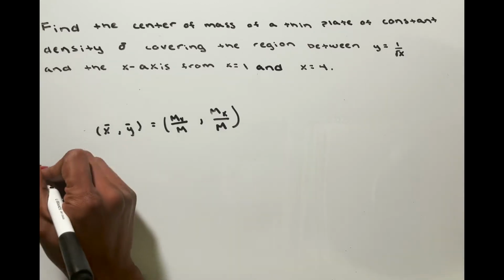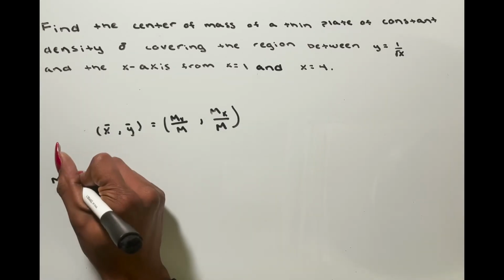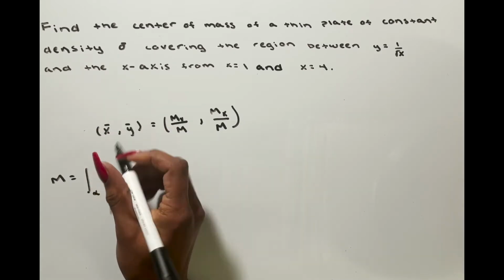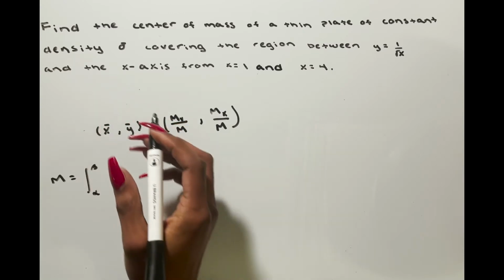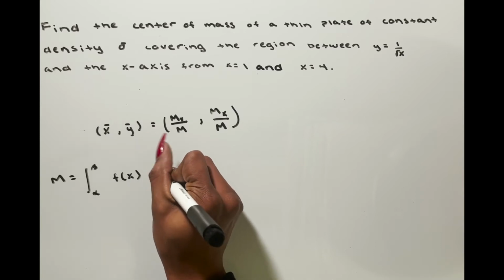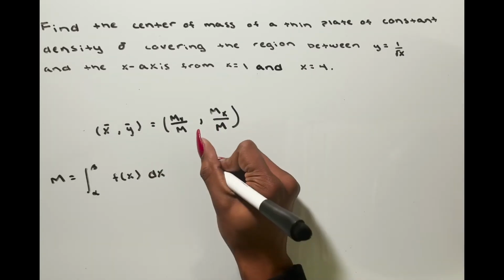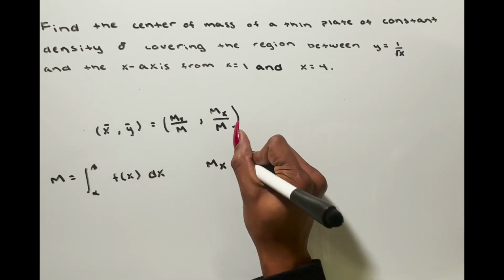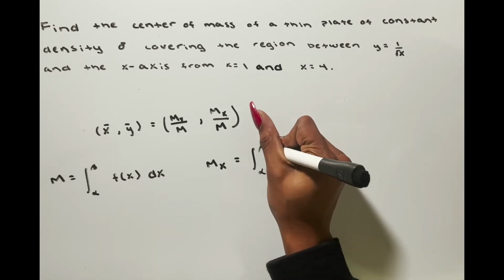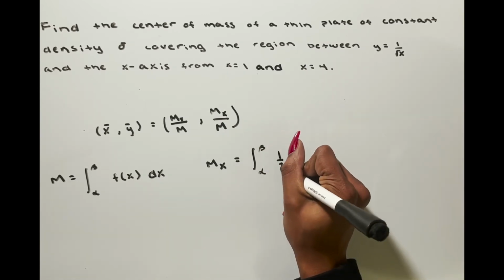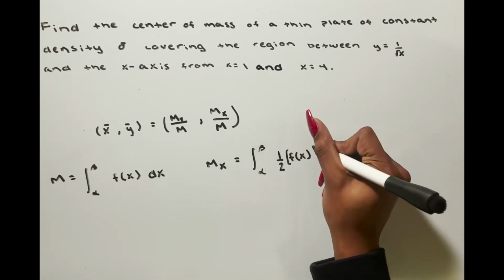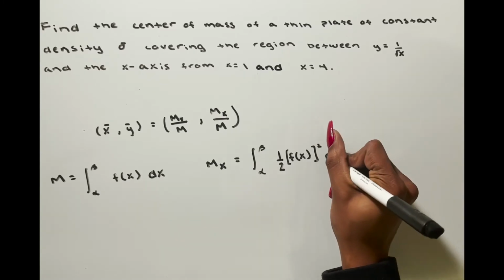The first formula we'll take a look at is the formula for total mass. And that's going to equal our integral from alpha to beta of our function with respect to x. Our next formula is m sub x, and that will equal the integral from alpha to beta of a half times our function f of x squared with respect to x.